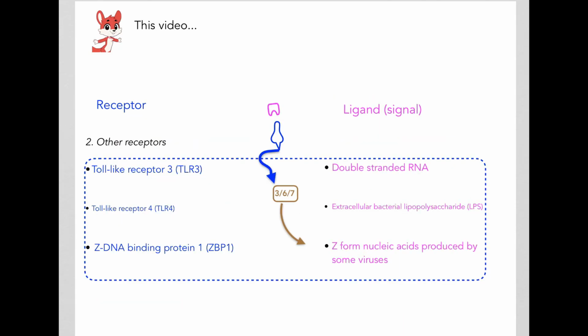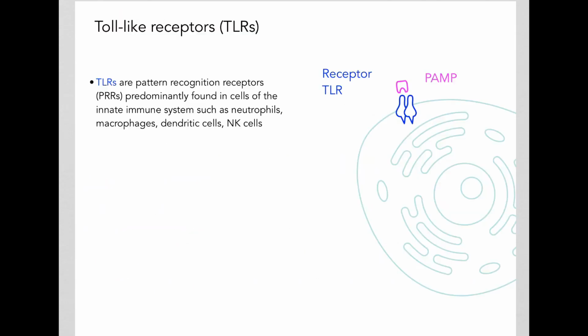In this video, we shall focus on extrinsic apoptosis using toll-like receptor 3 or TLR3, and then we'll look at extrinsic apoptosis with Z-DNA binding protein 1.